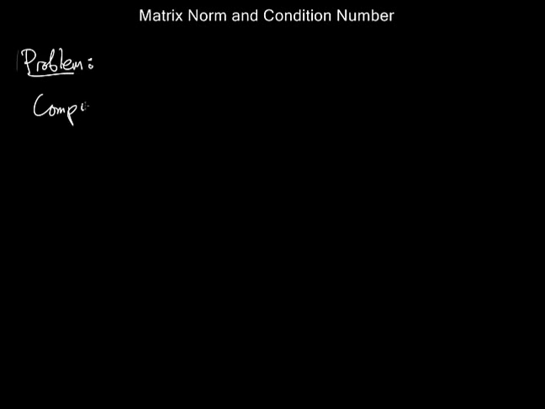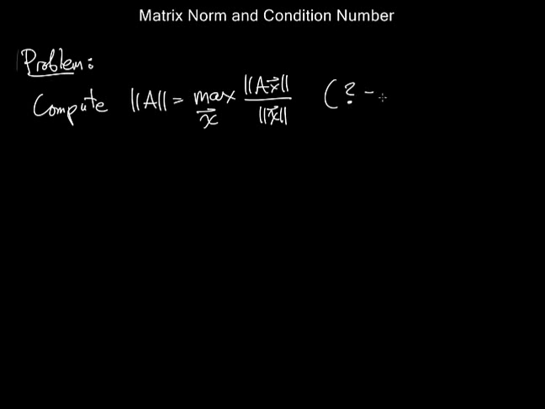Now, that's all fine and good, but the problem is how on earth do you compute this thing? You're trying to compute the max of the norm of Ax over the norm of x, and you have to look at all vectors x. That's not an easy thing to do. So abstractly it's a useful definition, but it doesn't look like it's practical.